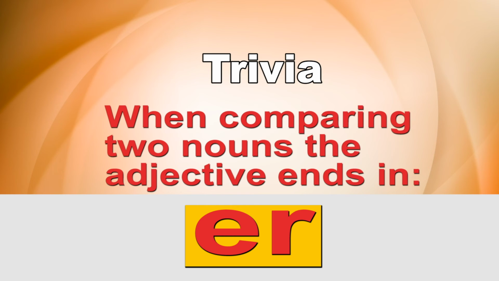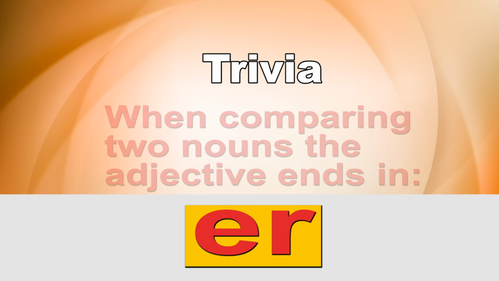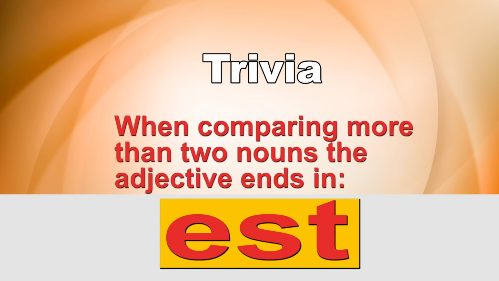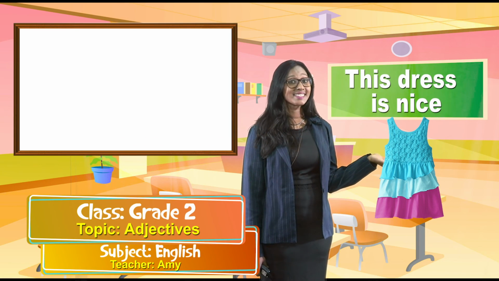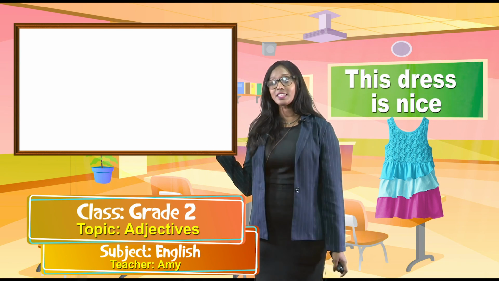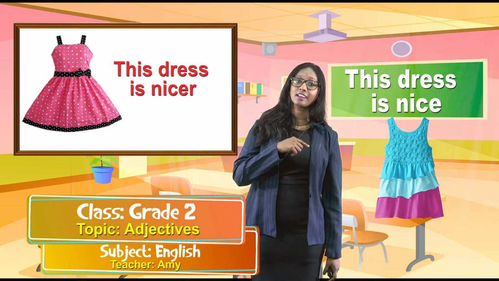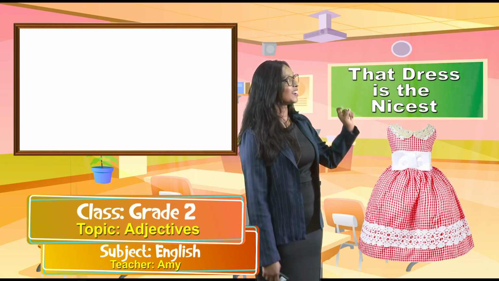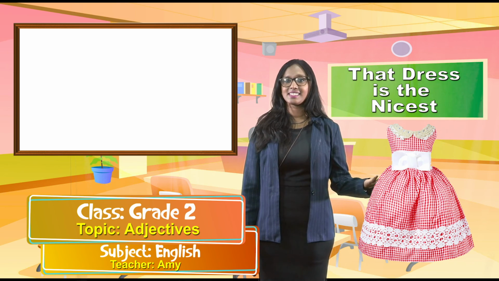Letters E and R. And when we're comparing more than two nouns, like 3 nouns, 4 nouns, then our adjective will end in EST. For example, this dress is nice. But this dress is nicer. And then that dress is the nicest.